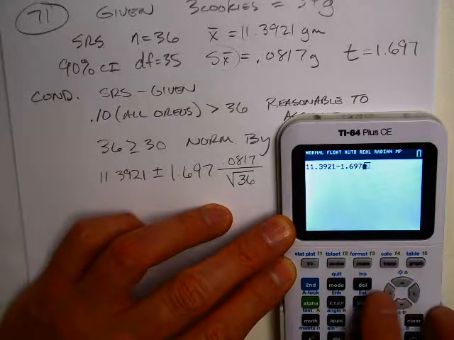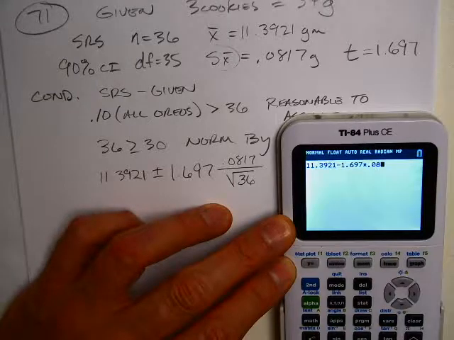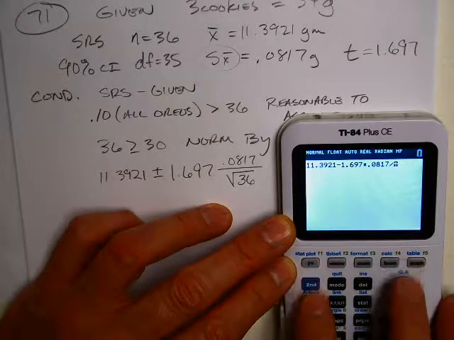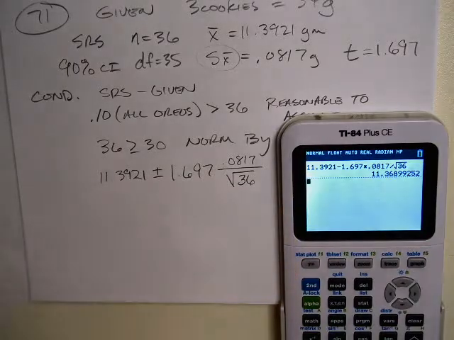I just made a mistake. Times 0.0817 divided by square root of 36, which is just 6. And I am a little concerned about that. I wonder if I do need some parentheses in there. Let's see. No, it looks like it's fine.